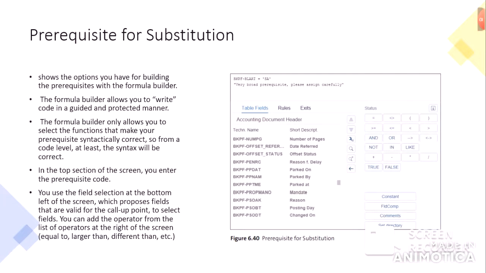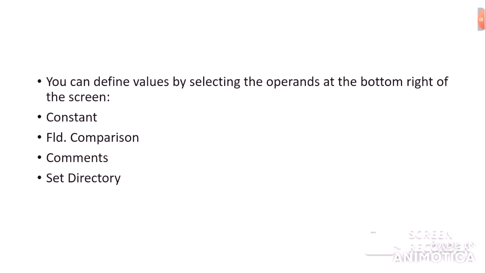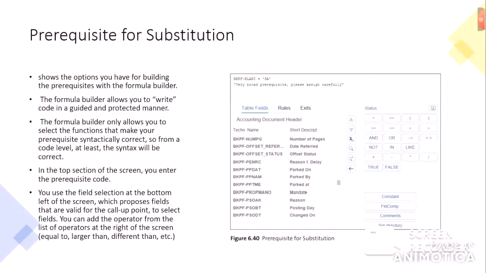You can define values by selecting the operands at the bottom right of the screen. And also if we see here, we have operands like constant, field comparison, comments, set directory.